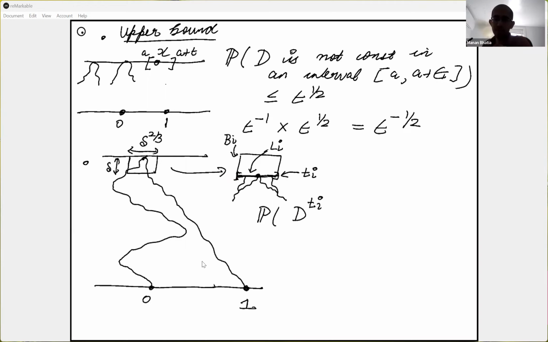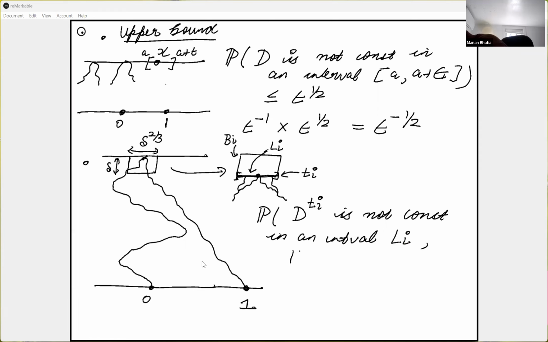So I am fixing 0 and 1, and I'm varying my spatial point on this horizontal line at time T_i, and I'm just looking at the difference profile. I want to bound the probability that this difference profile is not constant in an interval L_i. And the length of the interval L_i is actually delta to the 2/3. Right. So I want to do this sort of estimate.